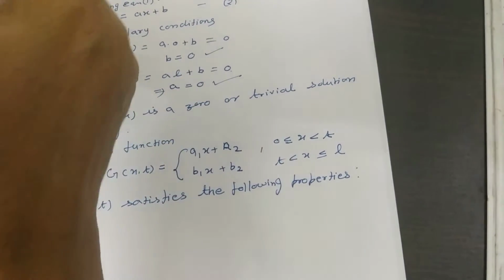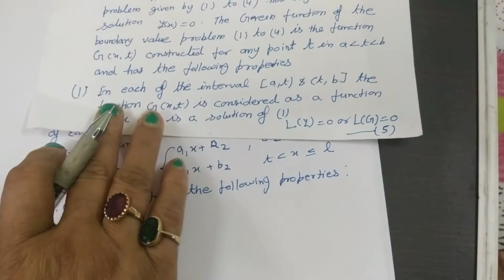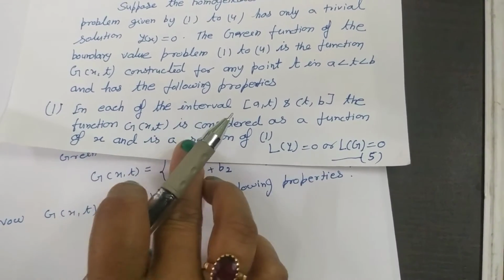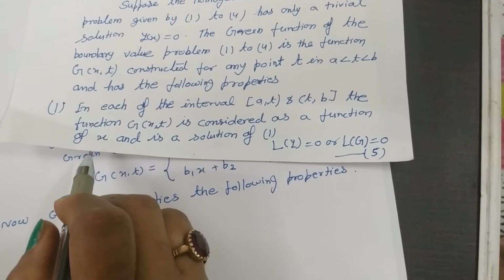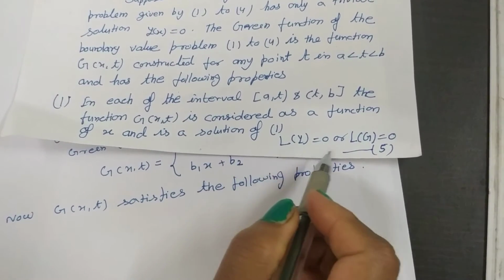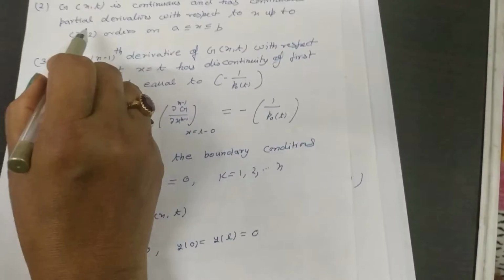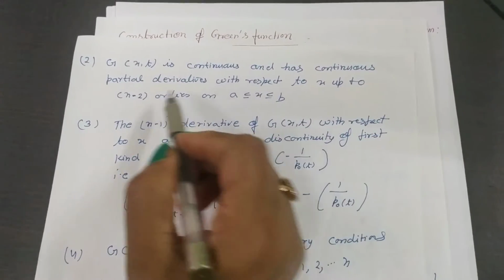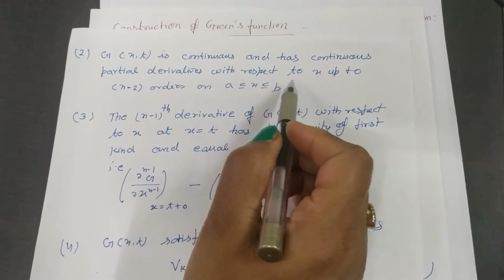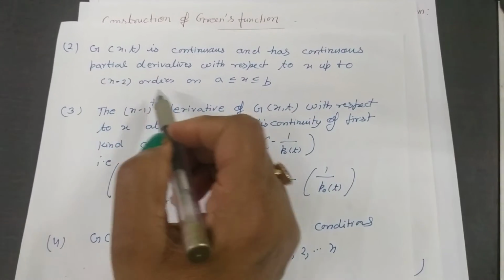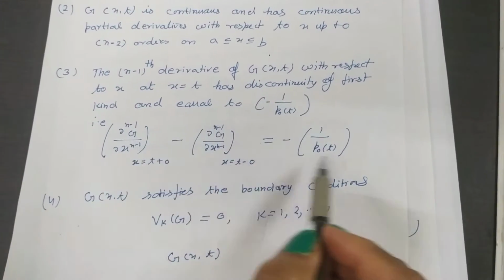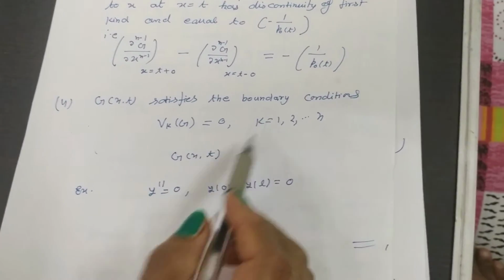First, in each interval, G(x,t) considered as a function of x is a solution of LG equal to 0. Next, G(x,t) is continuous and has continuous partial derivatives with respect to x up to order n minus 1. The third property is this one, and the fourth property is this one.